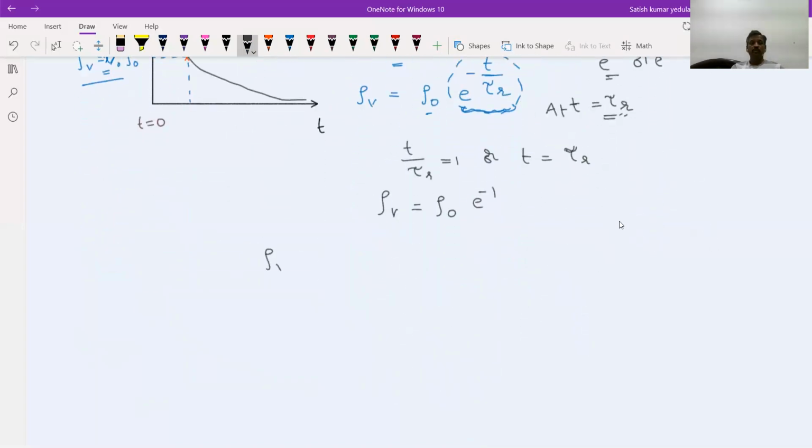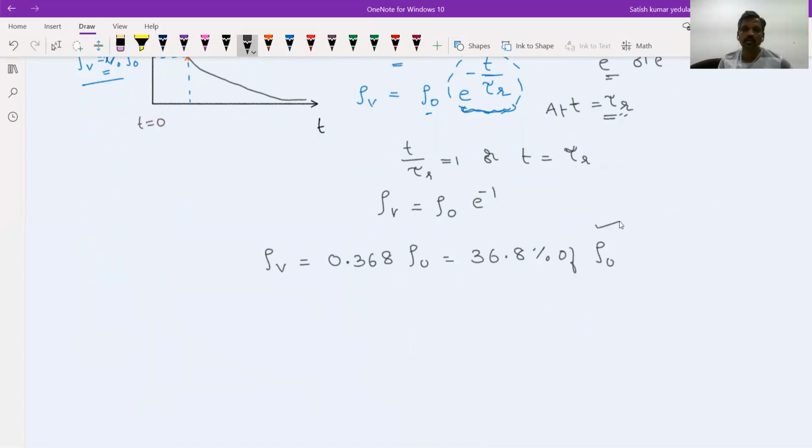Now rho v is equal to 1 by e, which is 0.368 into rho naught. This is also called 36.8 percentage of rho naught.